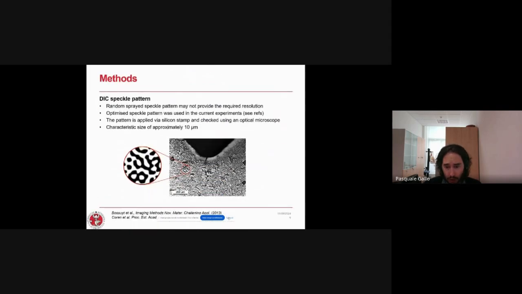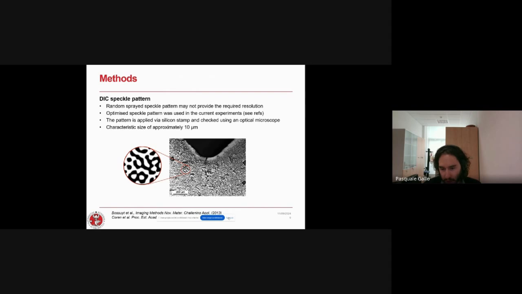For the speckle pattern, all of you know very well that most of the time you use a random speckle pattern. The problem is that when you work with such small scale samples, you want to really go into details. The random speckle pattern doesn't provide really good information, and therefore we decided to employ an optimized speckle pattern. This was developed by colleagues at Aalto University. You can see the reference in the slide.